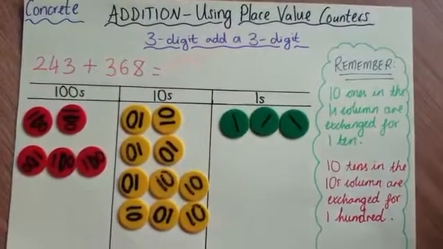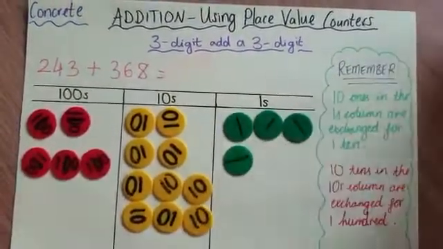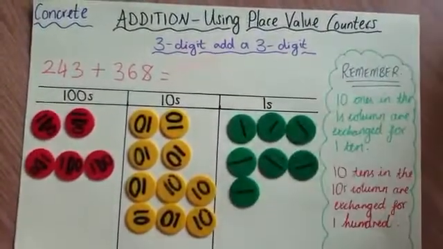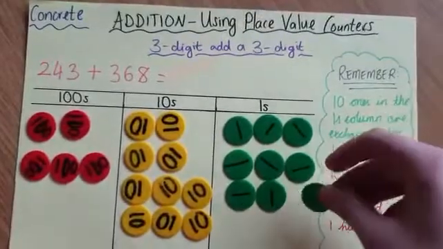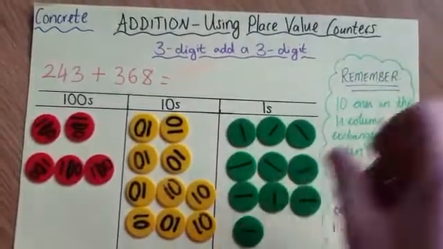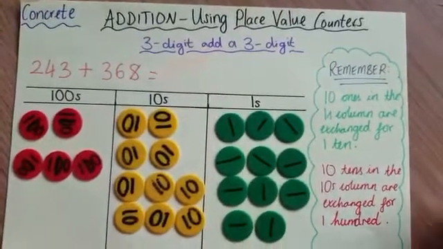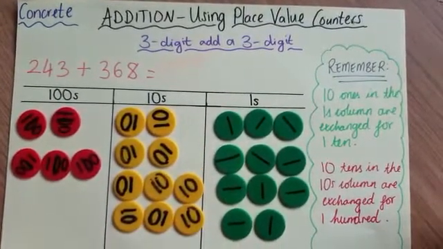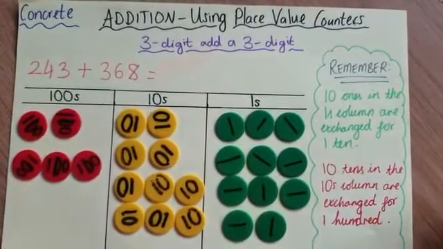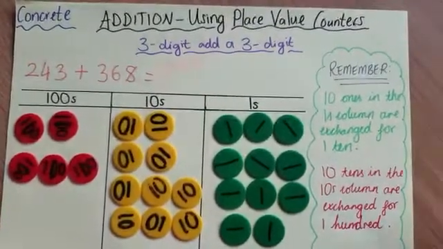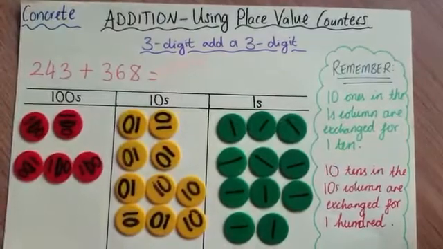And now I'm going to add my 8 ones. 1, 2, 3, 4, 5, 6, 7, 8. And I will encourage the children to count the second amount of numbers, as it will stop any misconceptions with the counters that are already on the place value grid.